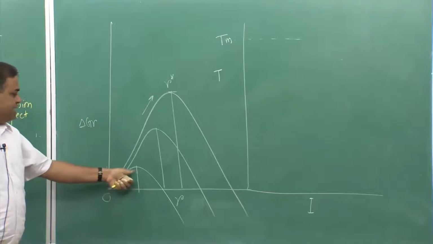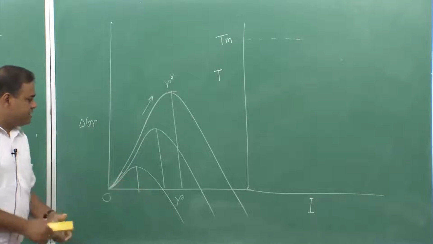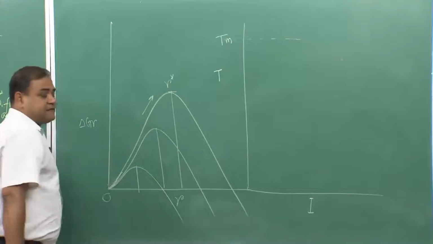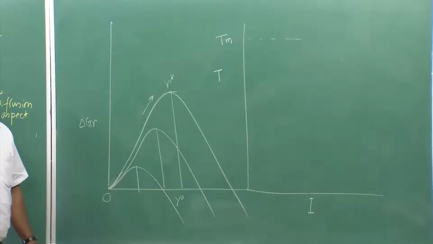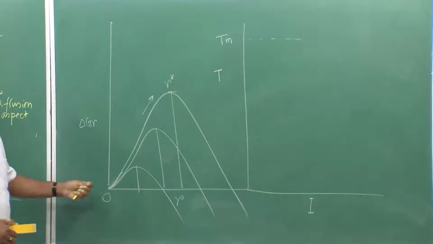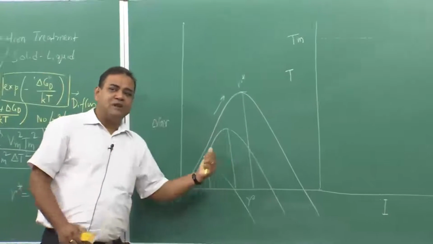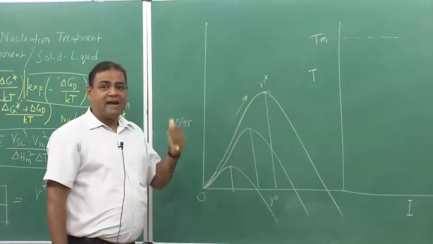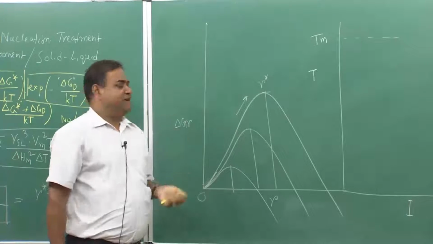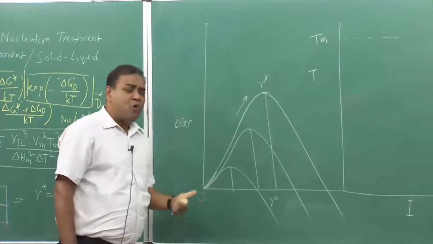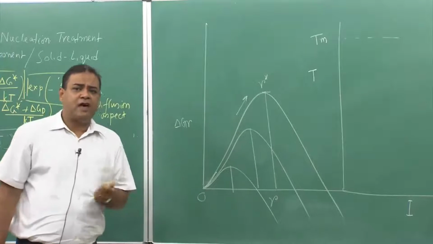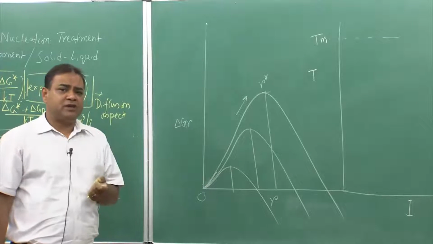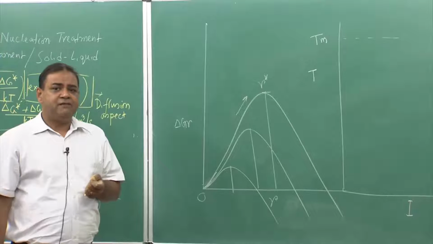So, as we are going from here to there, that suggests that delta T is small. That means we are going closer to melting temperature, and R star is also increasing. So, at T m R star would go to infinite. So, we get smaller and smaller R values, that means a smaller critical nucleus, if delta T is more.